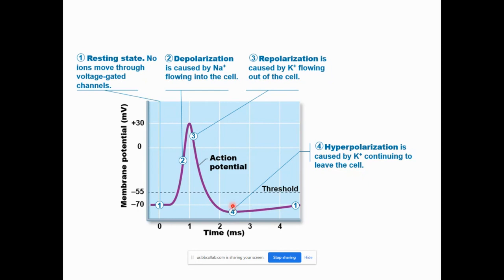Something's hyperpolarized, it's more negative than at rest, which means it's less likely that an action potential will happen because now we're further from zero. So those are the 4 steps: resting, depolarization, repolarization, then hyperpolarization. And you should also know that the sodium channels open in depolarization, so sodium rushes in. Potassium channels open in repolarization, so potassium rushes out.